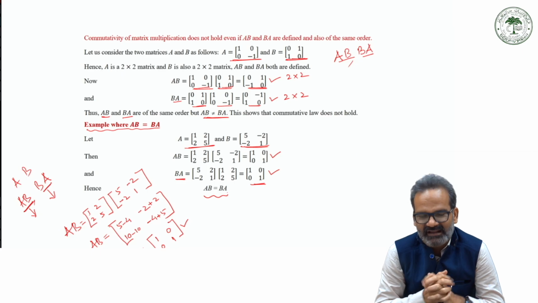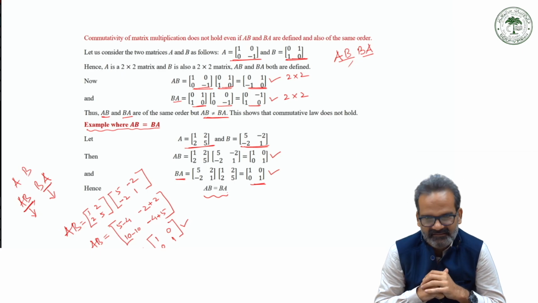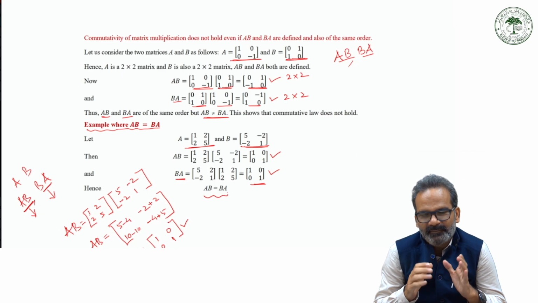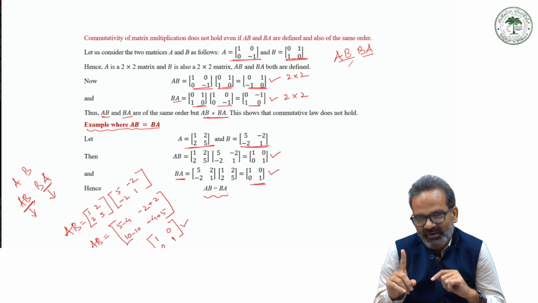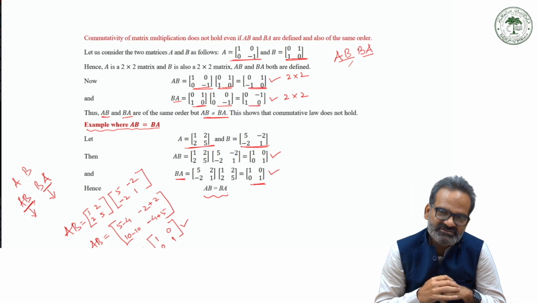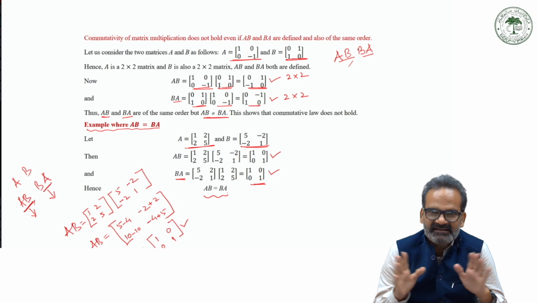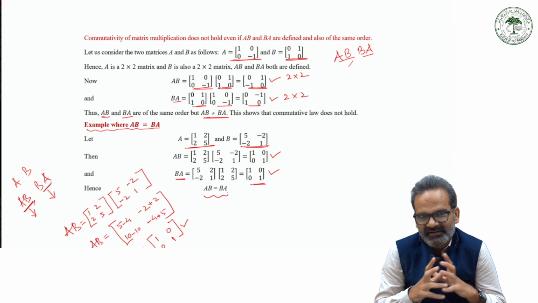It's a natural question. As I told you a few minutes earlier, a property is said to be satisfied only if it holds in all conditions. If you have even a single example which does not satisfy that property, then we can't say the property is satisfied. Are you getting the point?